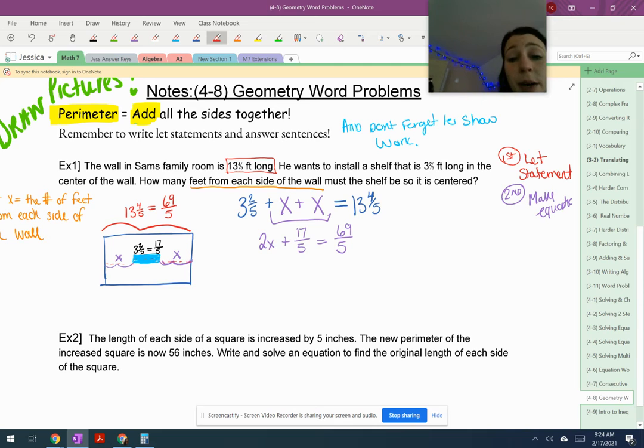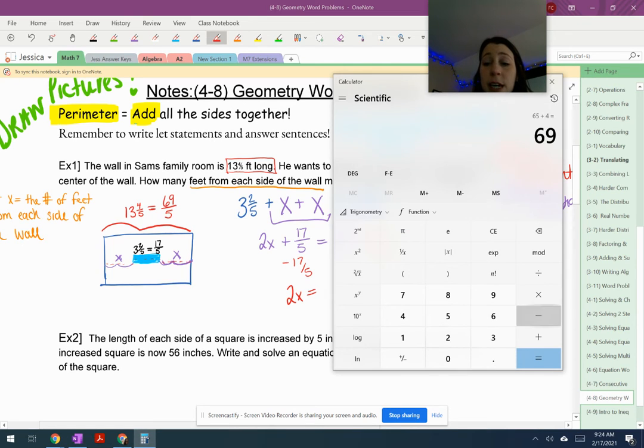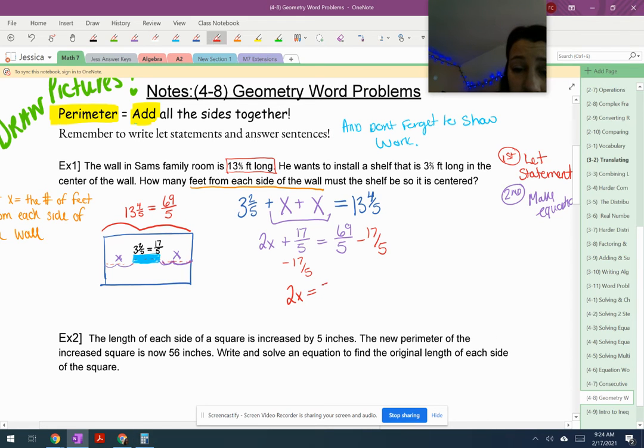Get the 2x by itself first by subtracting the 17/5 from both sides. Luckily for you, I made your life easy and have those common denominators set up. So 69 minus 17 leaves me with 52 over 5.